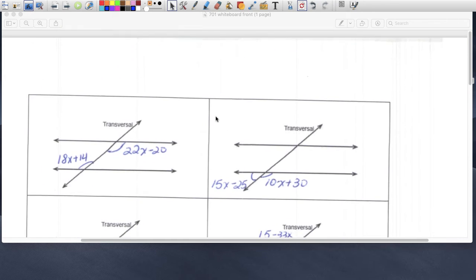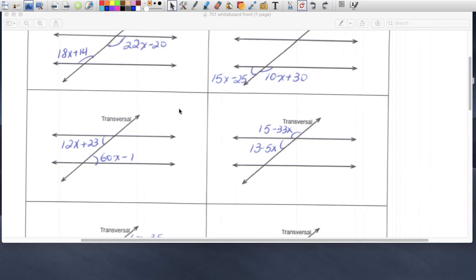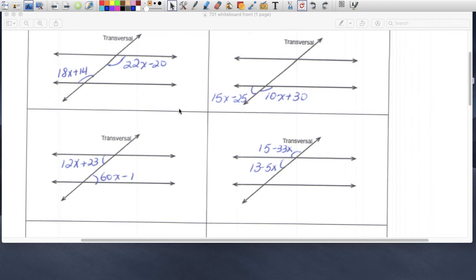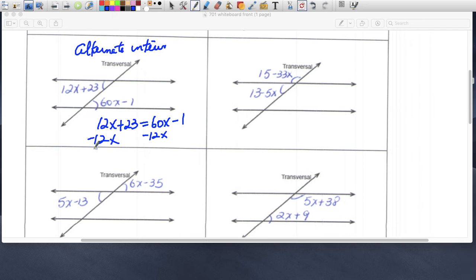Yeah, there's a lot. Okay. Again, this is alternate interior again. And this is equal to each other. So 12x plus 23 equals 60x minus 1, minus 12x, minus 12x.